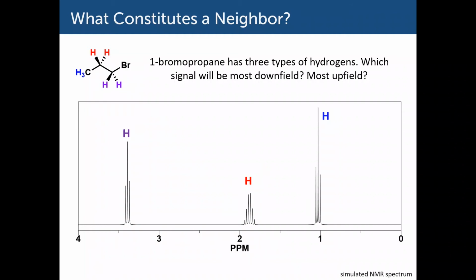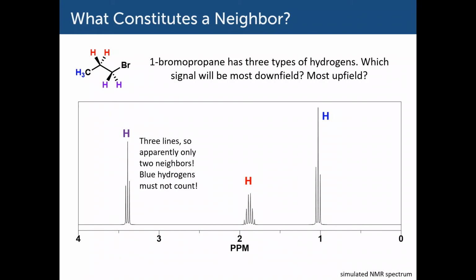But we can see in the spectrum that that's not true. Instead, we see 3 lines. So we can conclude that apparently the purple hydrogens only have 2 neighbors. And really that's only going to be consistent with the red hydrogens being neighbors to the purple, but the blue hydrogens not being neighbors to the purple H's.